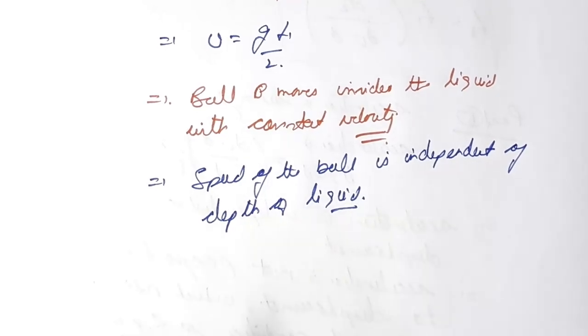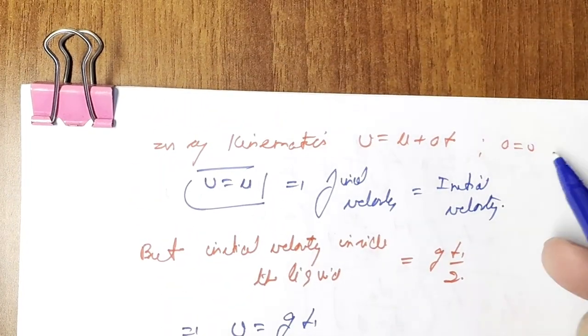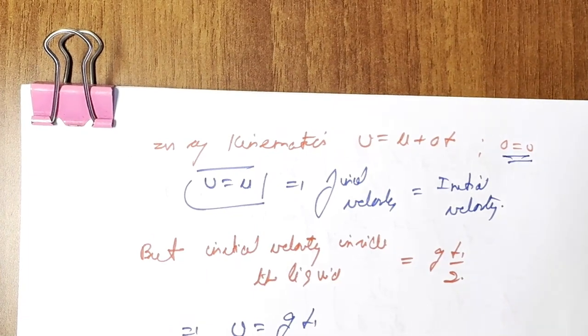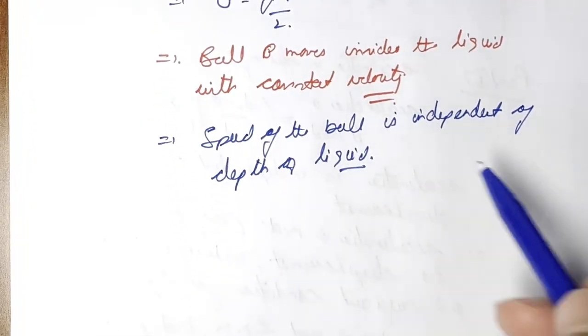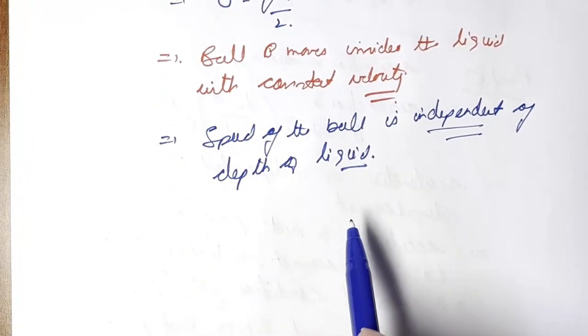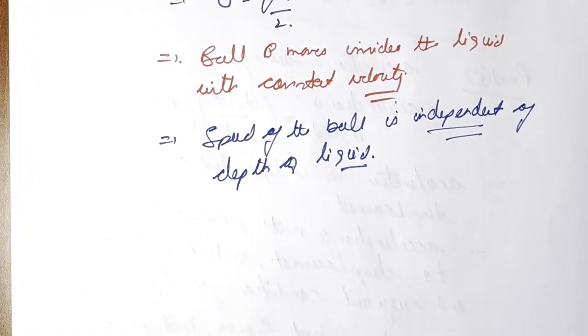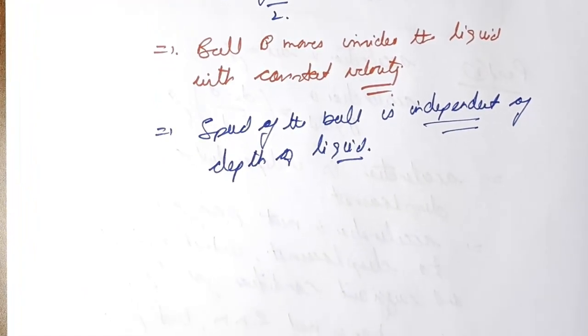But in the calculation we found out that the value of a will be equal to 0. So therefore the speed of the ball is independent of the depth of the liquid. So this completes all the parts A, B and C for this particular question. Thank you.